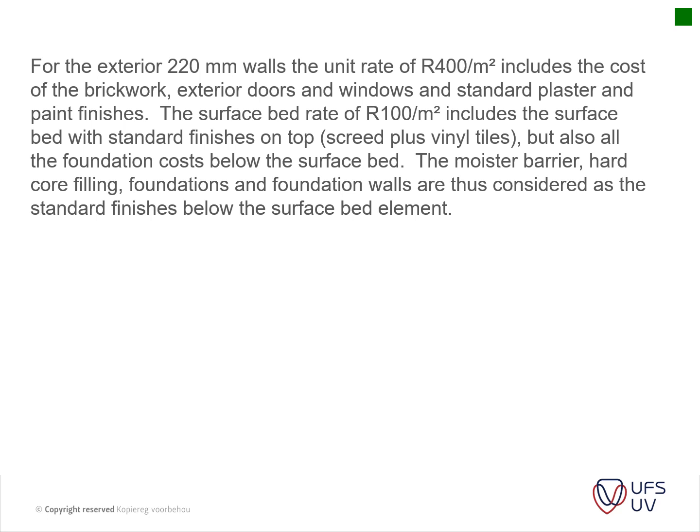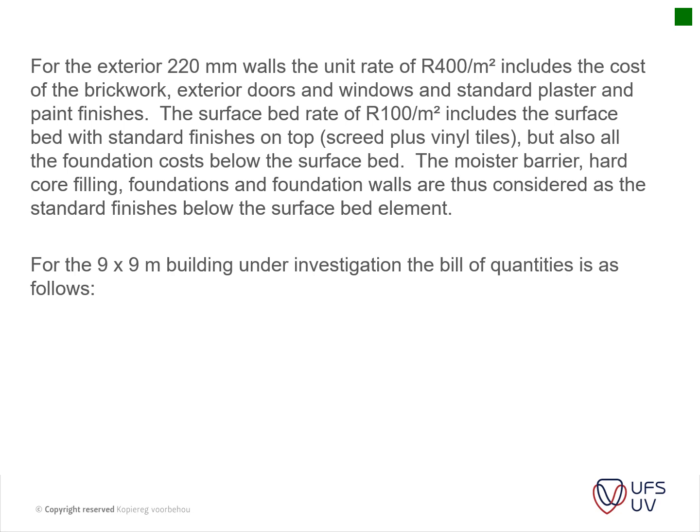The moisture barrier, hardcore filling, foundations and the foundation walls are thus considered as the standard finishes below the surface bed element. For the 9 by 9 meter building under investigation, the bill of quantities, which I will not actually say is a bill of quantities, but more a schedule of quantities, is as follows.